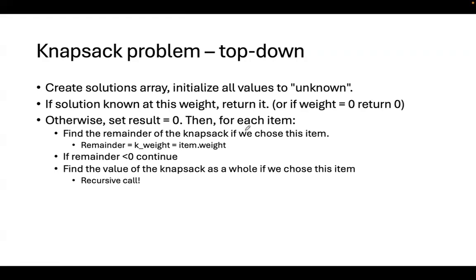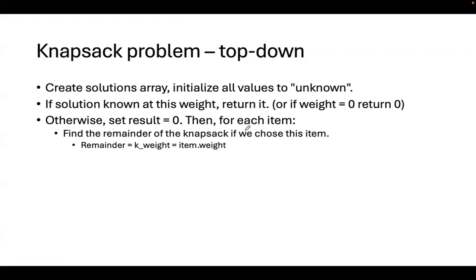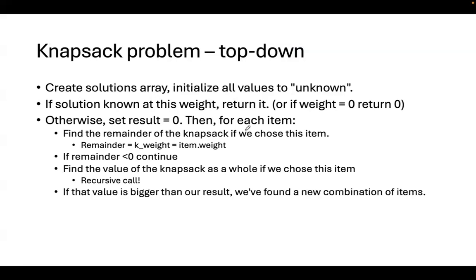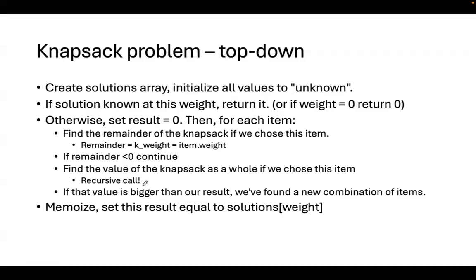So first we check, if we chose this item, does it put us overweight? If it does, then don't bother. Otherwise, make the recursive call. And if the new value is bigger, then we found a new combination of items, and then we memoize.